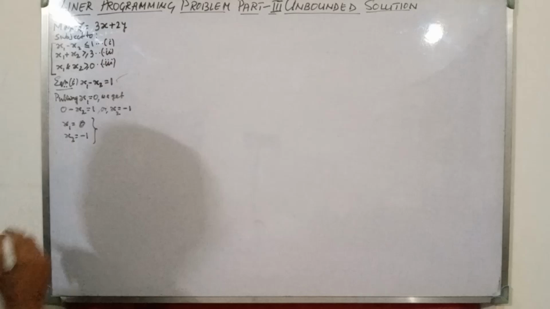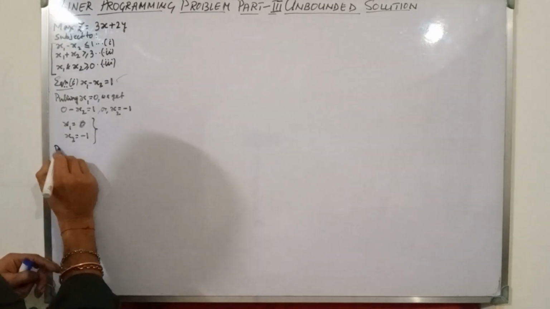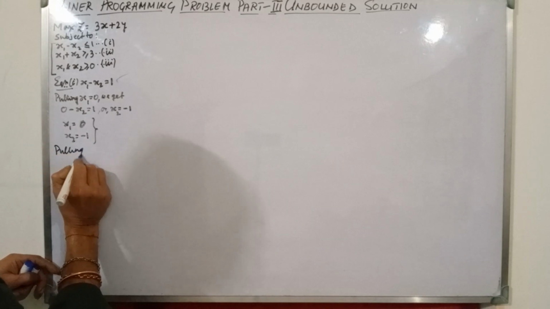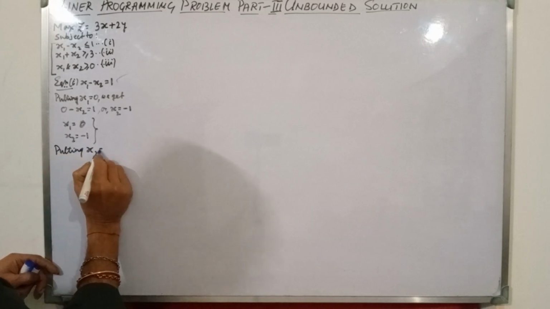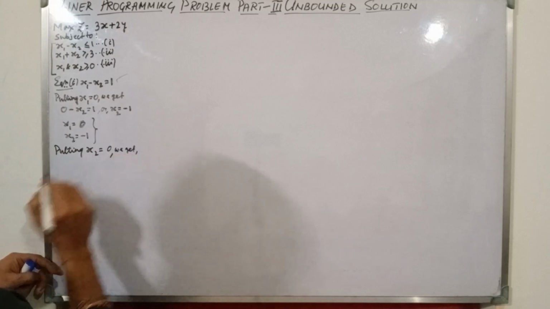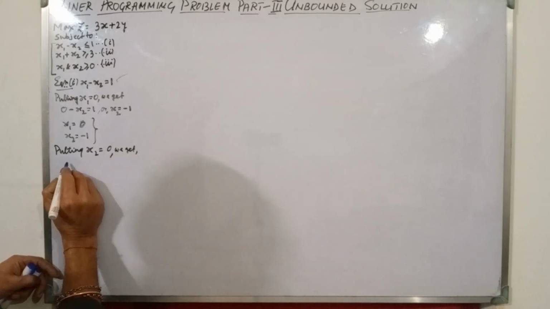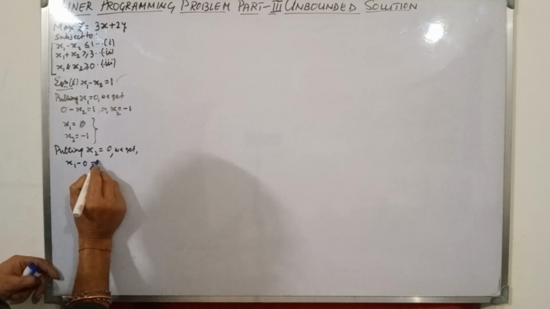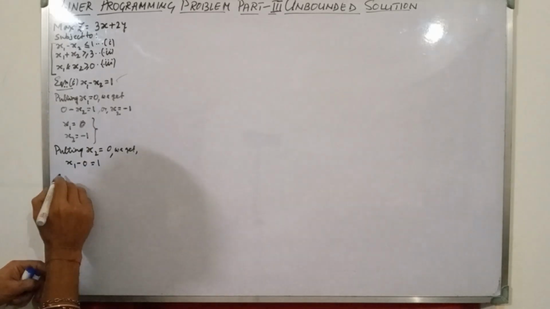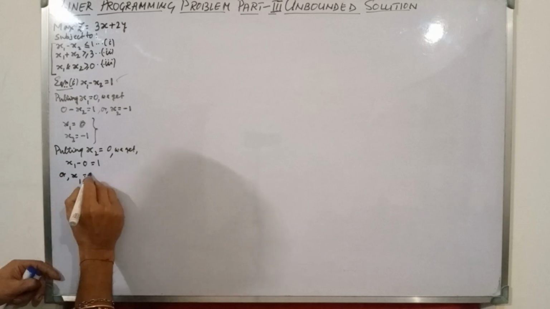Now putting x2 equals 0, we get x1 minus 0 equals 1, or x1 equals 1.